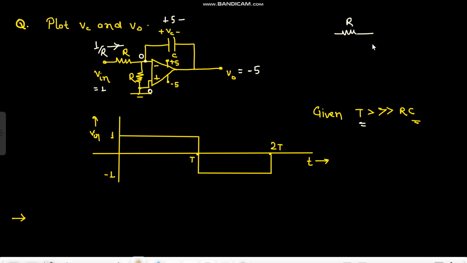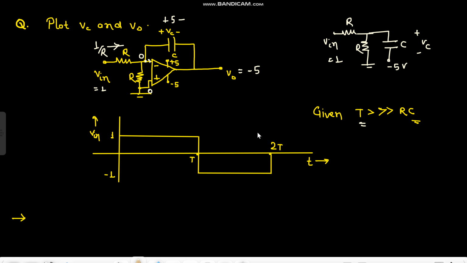This is R, this is R, and this is our capacitor C, and this is VC voltage, and here we have V naught, which equals -5 currently. This R is grounded, and here we have V, which equals 1 volt. With 1 volt here and this R grounded, no current flows through it, so the rest of the current will go here. So this is VC and this is -5.